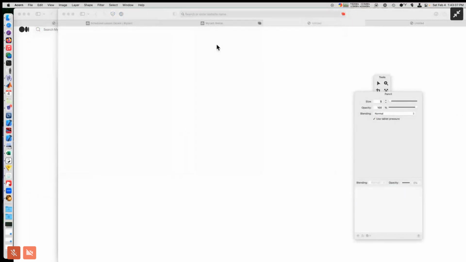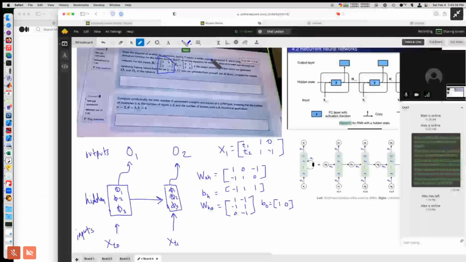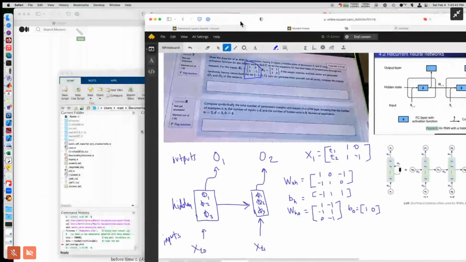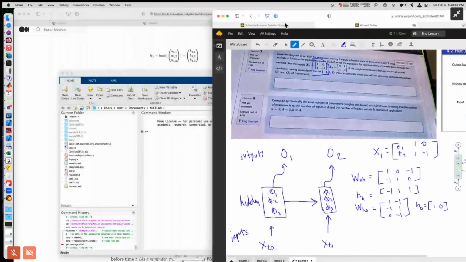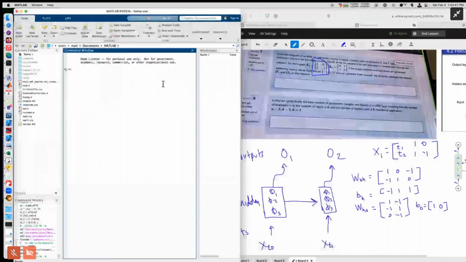Let's see if I can get this in MATLAB onto the screen at the same time. Basically, if I'm interpreting this right, x1 time 1 would be 1 and 0, and x1 time 2 would be 1 and -1.